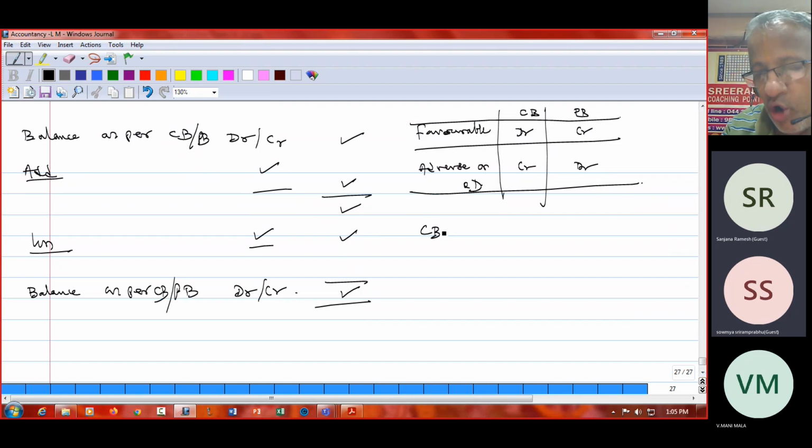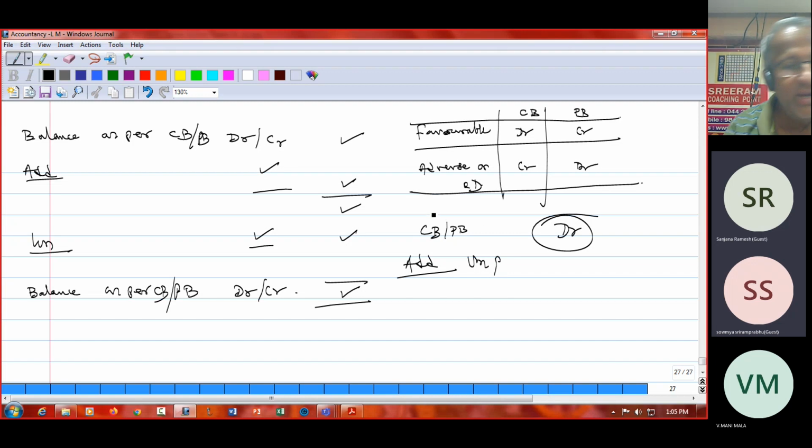Whether it is a cash book or passbook, I don't really worry. If my starting balance is debit, what items will I add? I have to add unrepresented credits.